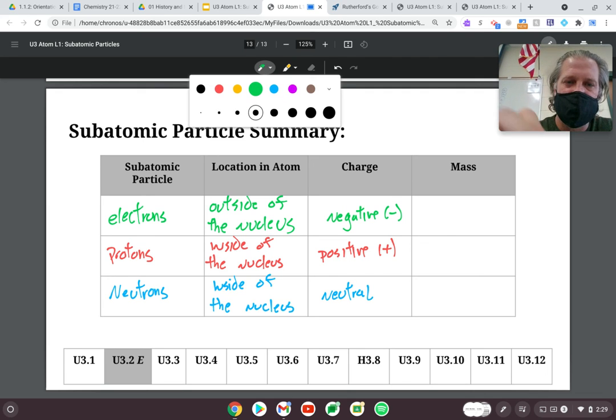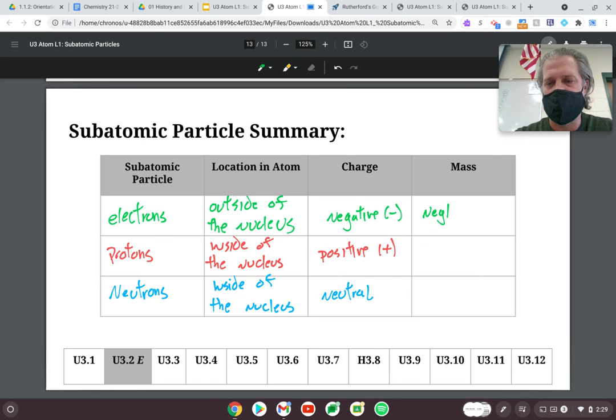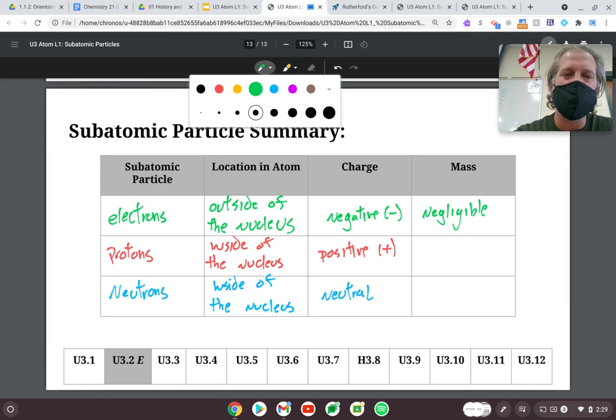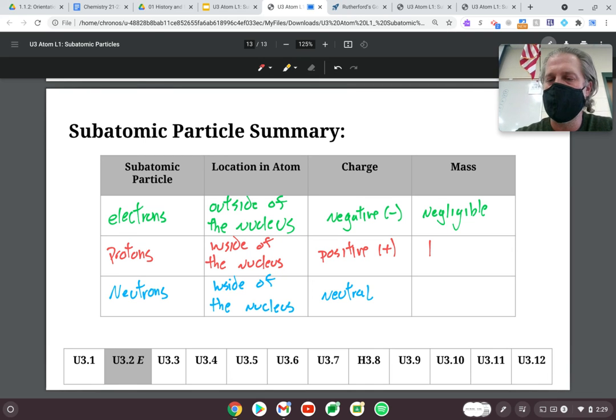Mass of protons, mass of electrons. According to our notes, they were negligible. Mass of a proton, 1 atomic mass unit.